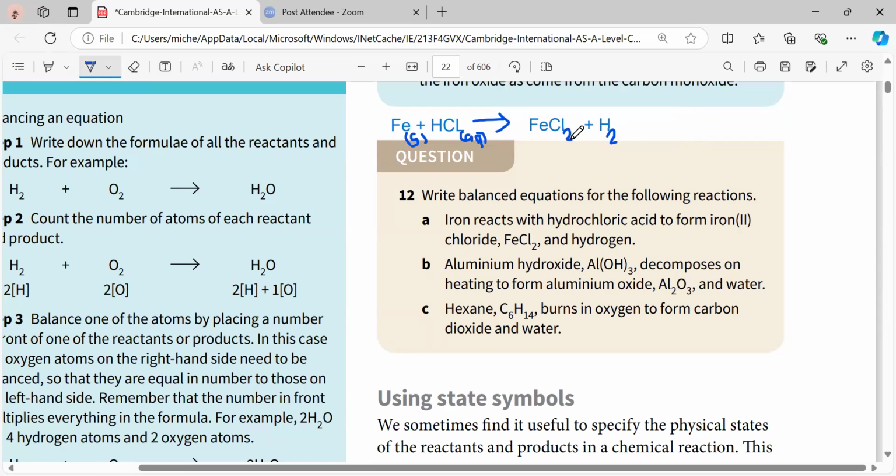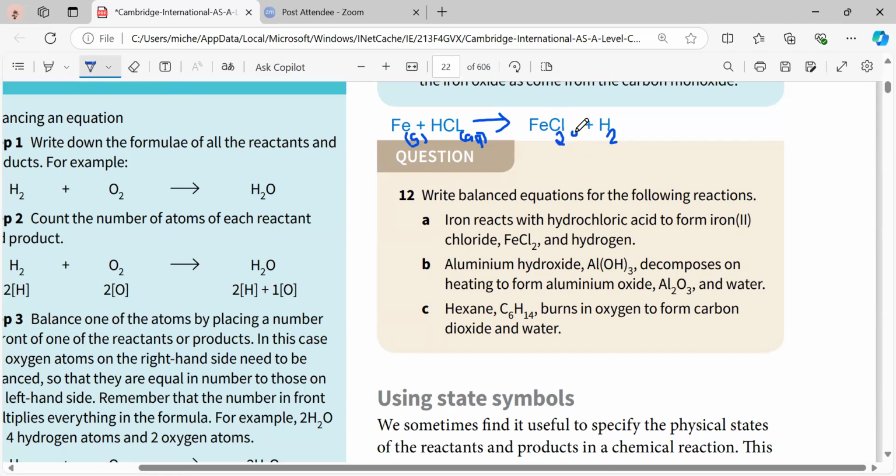So here it is, iron chloride. This is in liquid form, or we call it aqueous, so the symbol is the same. I just prefer writing the Q first. That is really sloppy. I want to erase this. So we write two next to Cl.